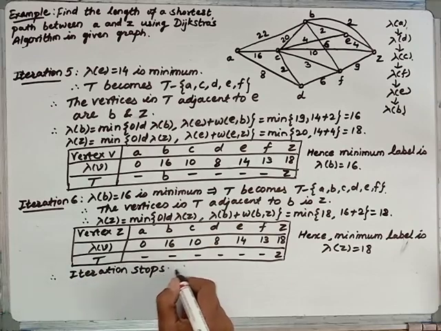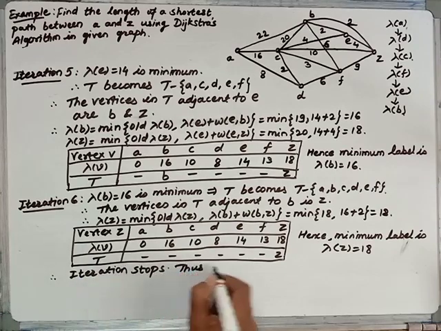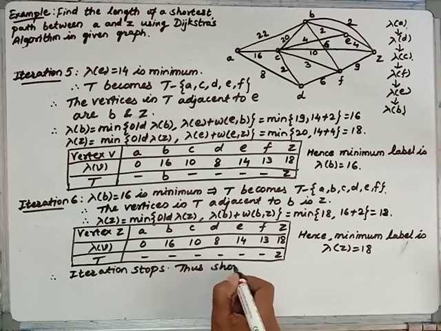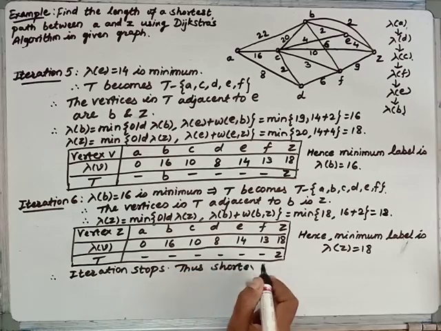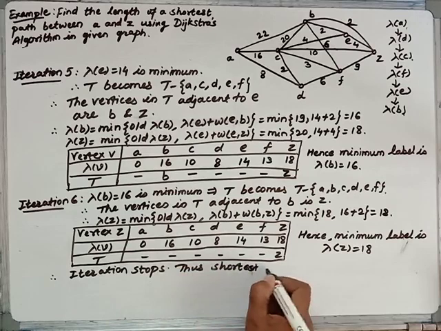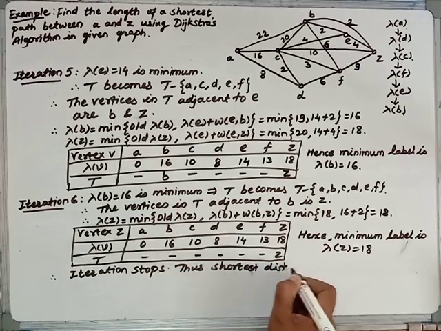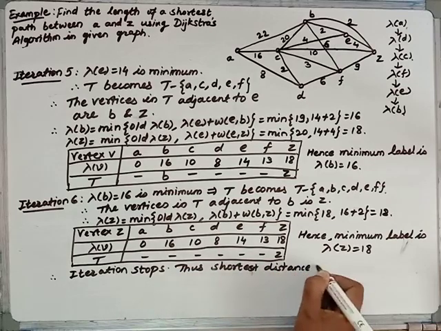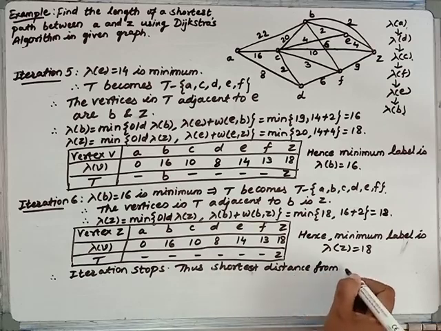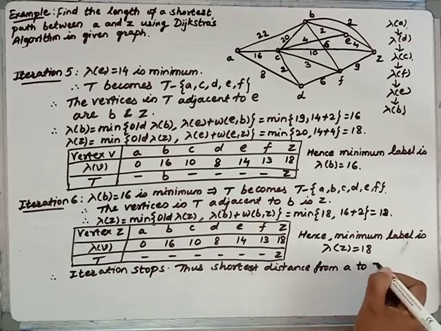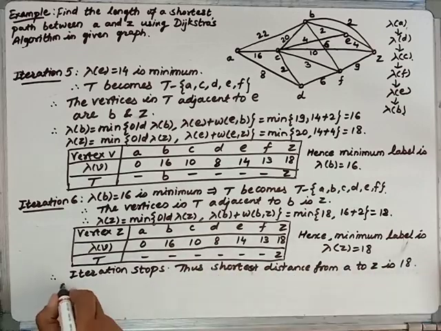Thus shortest distance from A to Z is what? 18.